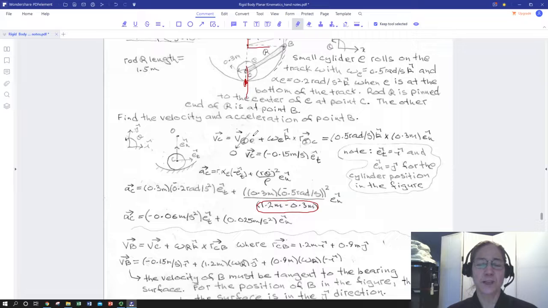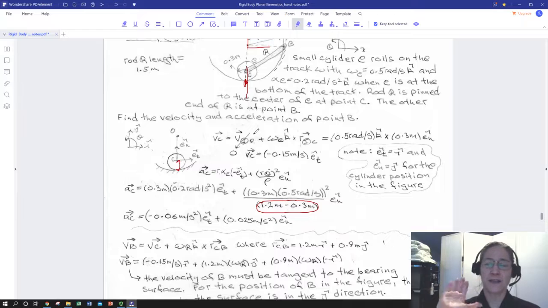We can do it in terms of the point of instantaneous zero velocity at the contact down here. So we use the rotational velocity of the wheel, which we've been told, k hat crossed into the radius vector from the contact point up to the center, which is in the positive normal unit vector direction, positive j hat. k hat is positive coming out of the board.